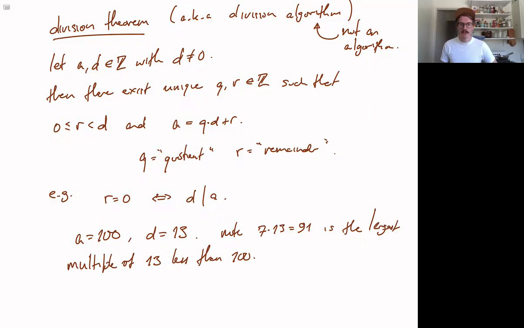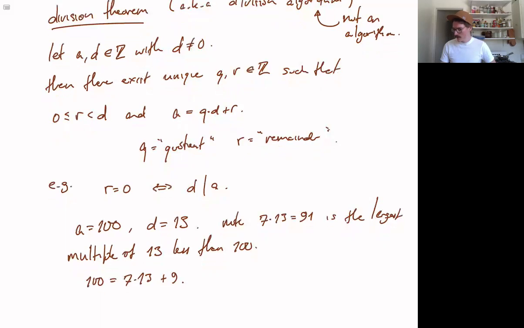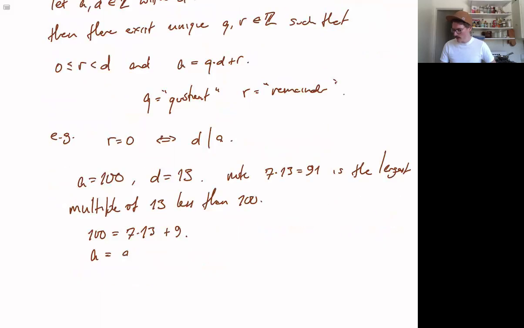And the difference, as you can see, is 9. So we get 100 equals 7 times 13 plus 9. So this is a equals q times d plus r.